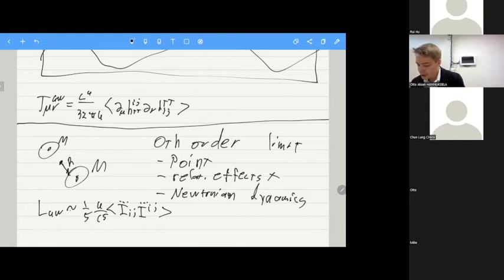Okay, and it turns out that this is relatively easy to solve because we know what the moment of inertia is for a Newtonian binary system, right? I mean, you've probably solved it in some classical mechanics exercises.